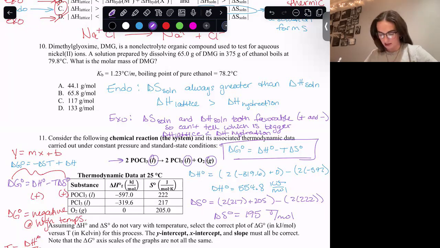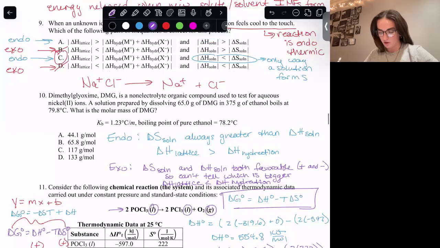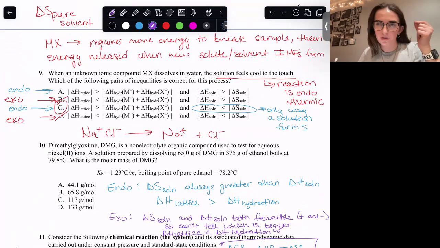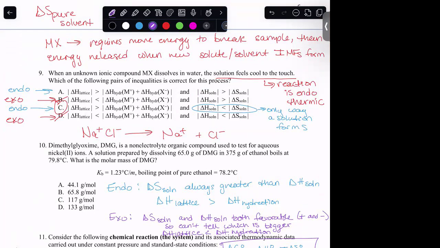Like if you were given number 9 and for an exothermic reaction, I don't think that there's enough information given for you to answer that question. So there would either need to be more information, or choice E would say need more information. Because both are favorable, so a solution will always form if it's an exothermic reaction. Thank you. Yep.